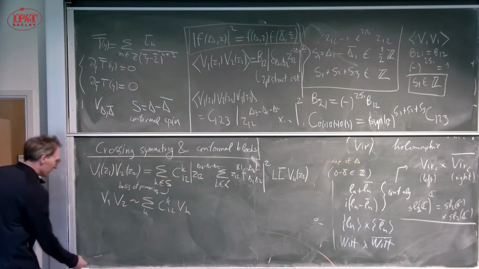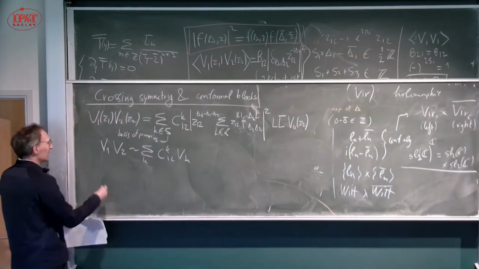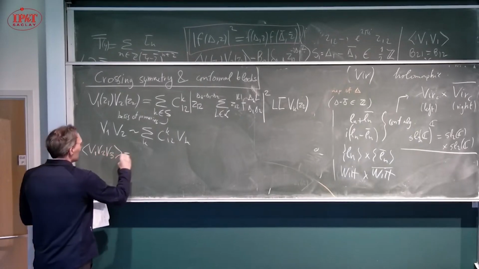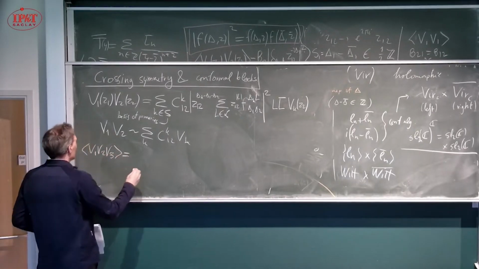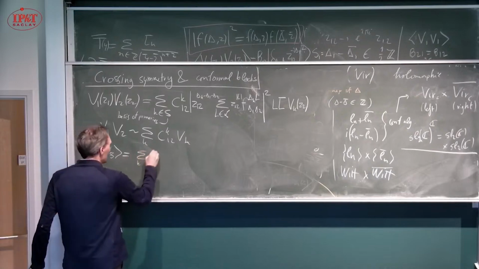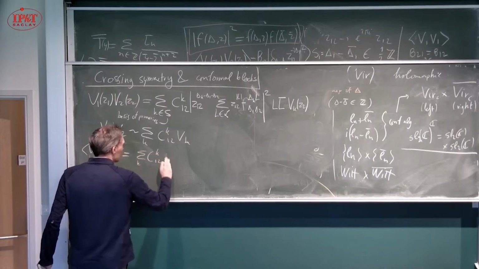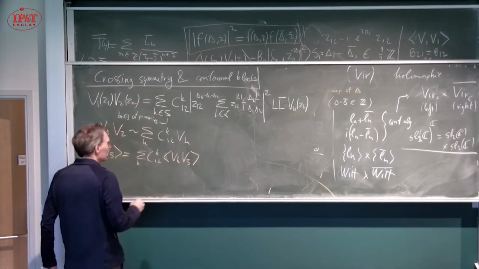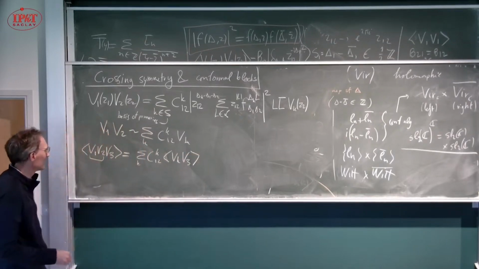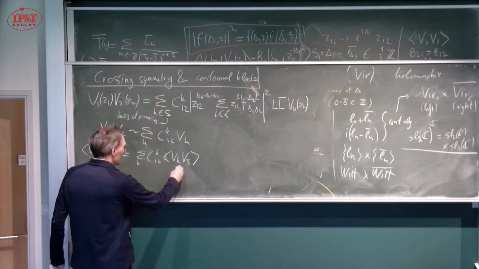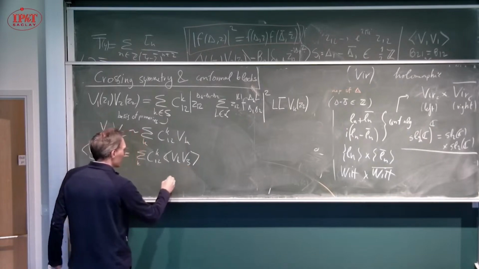So what happens if I start with a 3-point function, V1, V2, V3, and apply this? Well, I do the OPE of V1 with V2, and I get some V_k times C_k12, and then the 3-point function of V_k, V3. And this is essentially a 2-point structure constant now.